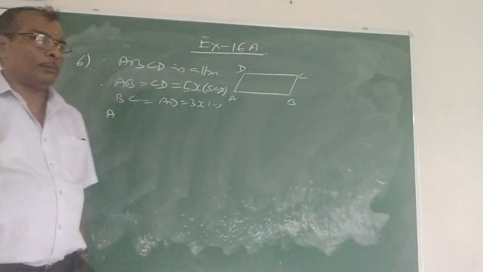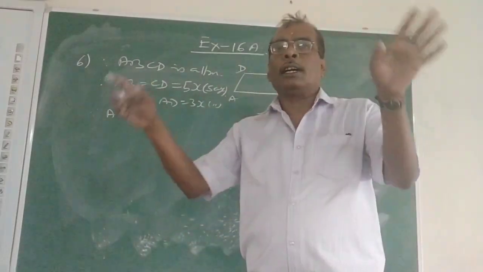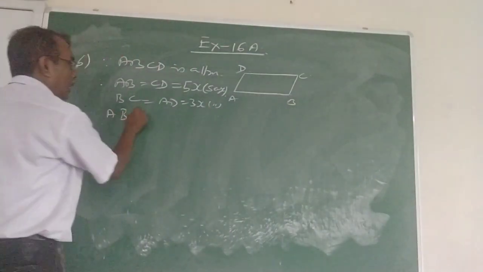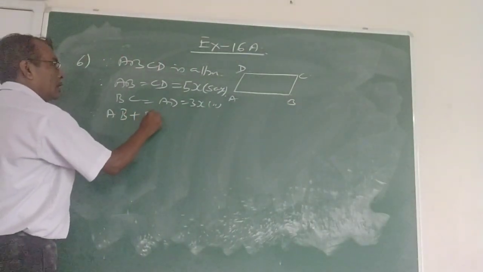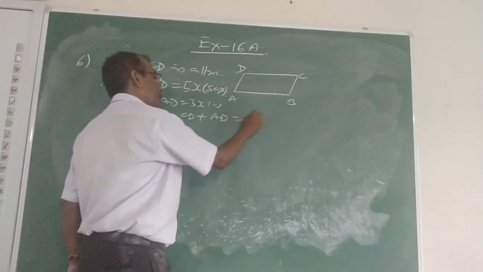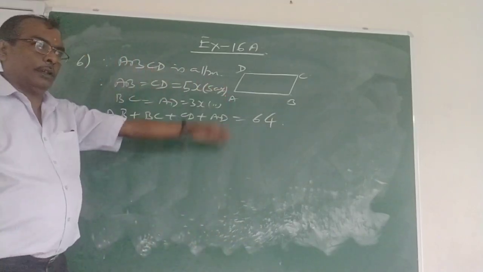Since the perimeter of a parallelogram is the sum of the four sides. Perimeter means the length of the boundary. Since AB plus BC plus CD plus AD is equal to 64. It is given, perimeter is given.